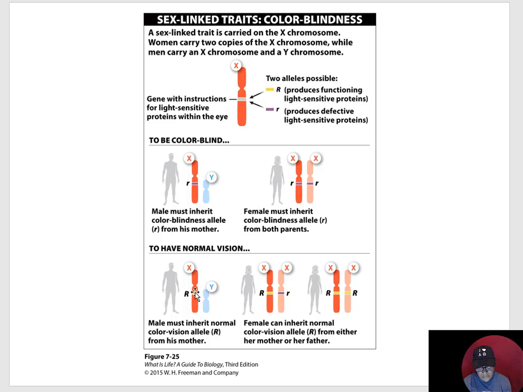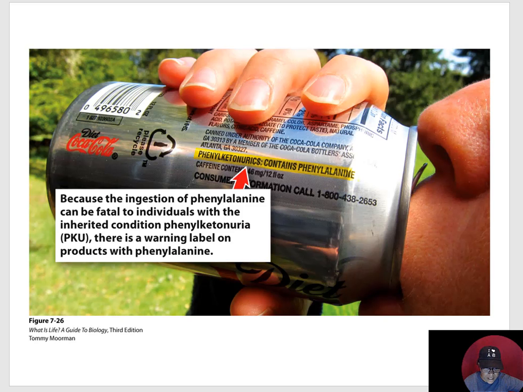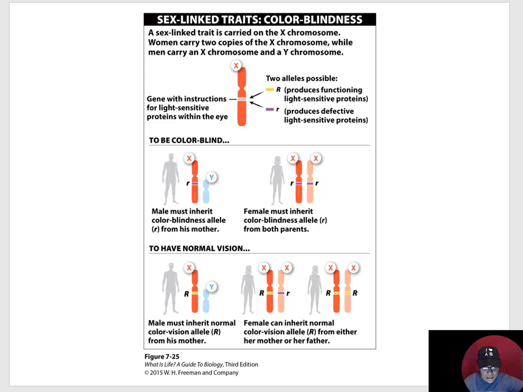But if you're male, you only have one X chromosome, so either that's one that's going to produce that light-sensitive protein or not. And if you have the one that does not, then you will be colorblind, okay? And that's why we see it mostly in males. Okay, that is sex-linked traits.